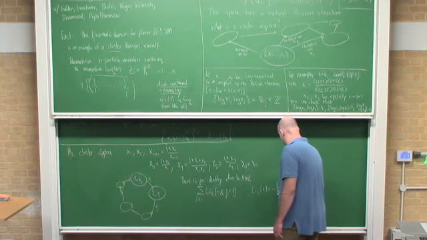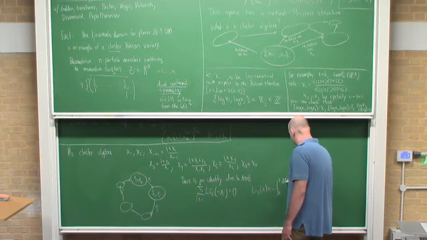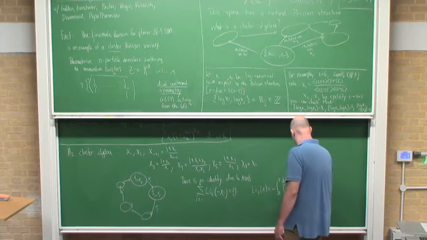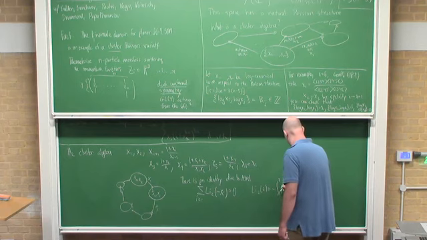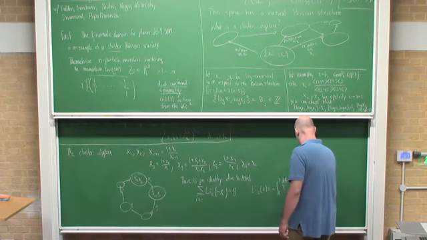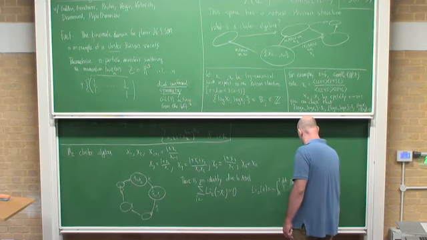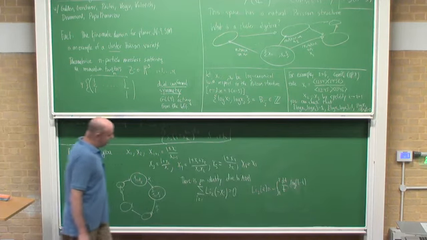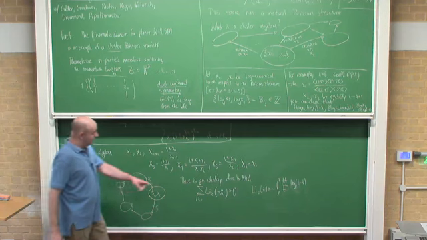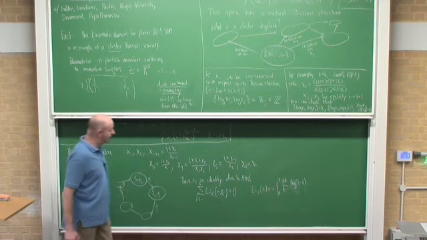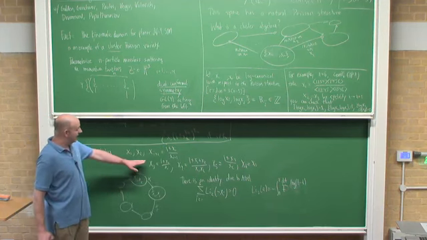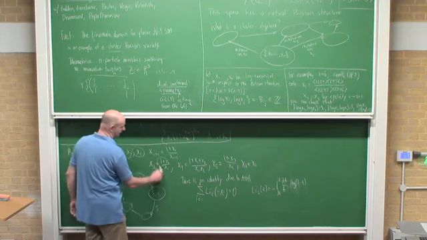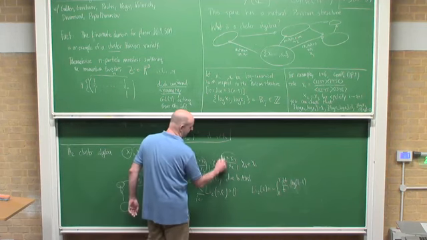Let me remind you: the dilogarithm is the integral of log(1 minus t) over t. He discovered a 5-term identity for the dilogarithm function where the arguments are the negative of these 5 cluster coordinates. 1, 2, 3, 4, 5.